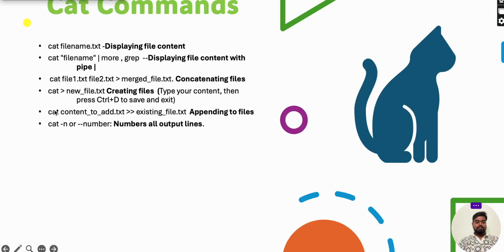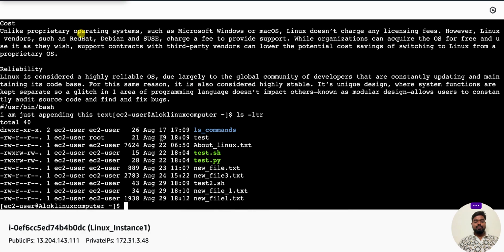My next option with cat is -n. If you want to display the content of any file, suppose I am opening this new file.txt and using the -n option.